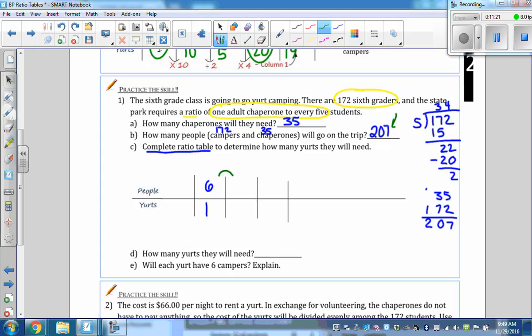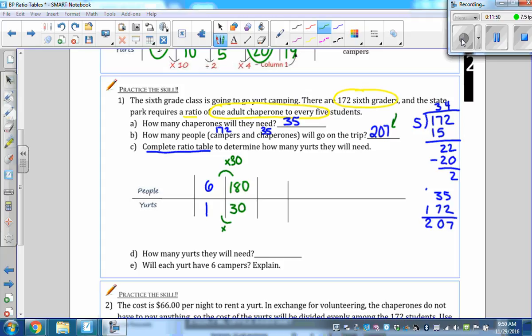So I just want to get close to 207. So if I multiply by 3, 6 times 3 is 18. So if I multiply by 30, I get 180 people right away. So I know 30 yurts can accommodate 180 people.